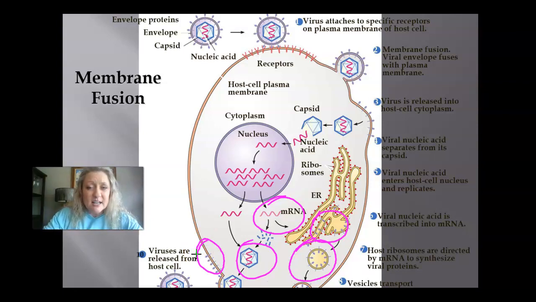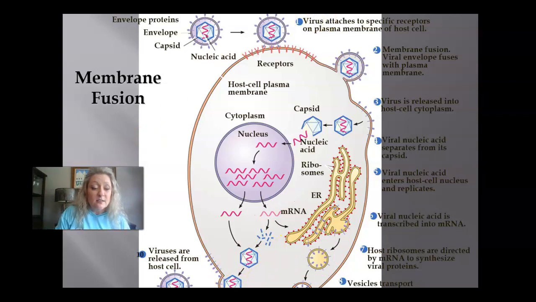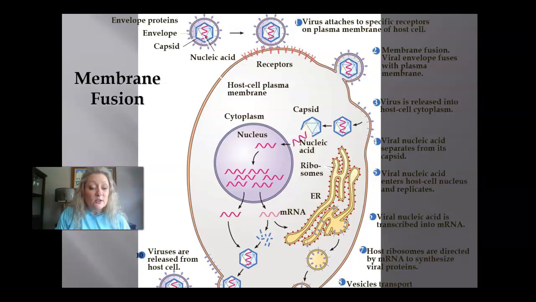And so that means that it can recognize future viruses that attach to it, right? So we've got our virus that's being made here, and it's going to be leaving the cell and going to invade other places in the body.